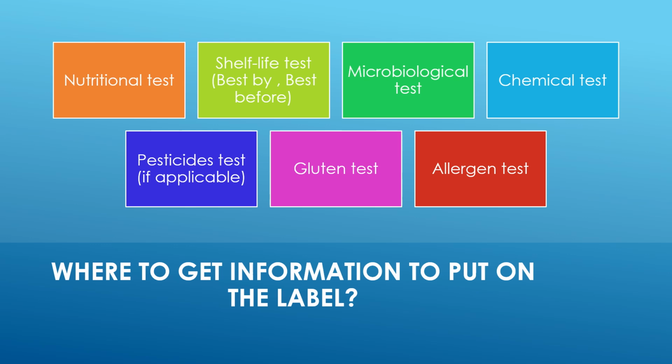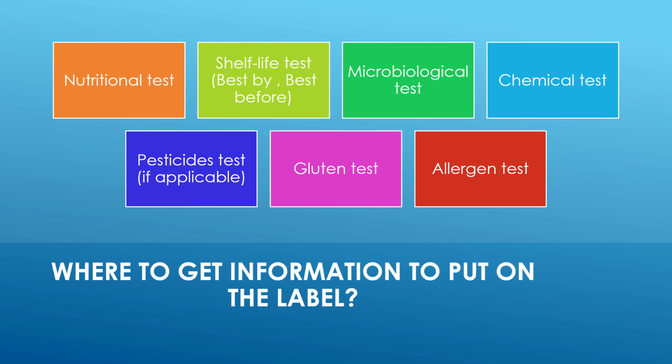Shelf life. Again, some products are easy to sell. They are shelf stable. Other products have a lot of moisture, and you may not know how long the product can last without spoiling. And when I say without spoiling, it's not when you can see that the product is visibly spoiled. At that point, it's really too late.